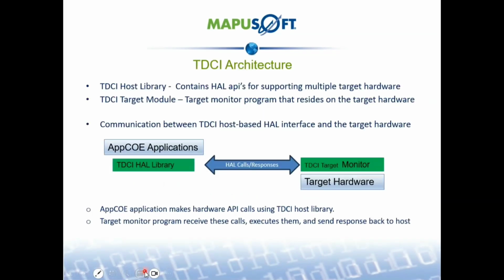Okay, let's see what TDCI is first. TDCI is the Target Device Communication Interface. The host application is on the left side, and the right side is your target hardware. Whatever program you write on the host application is sent as a command to the target hardware. The target hardware receives the command, executes it, and sends the response back to the host application via serial communication.